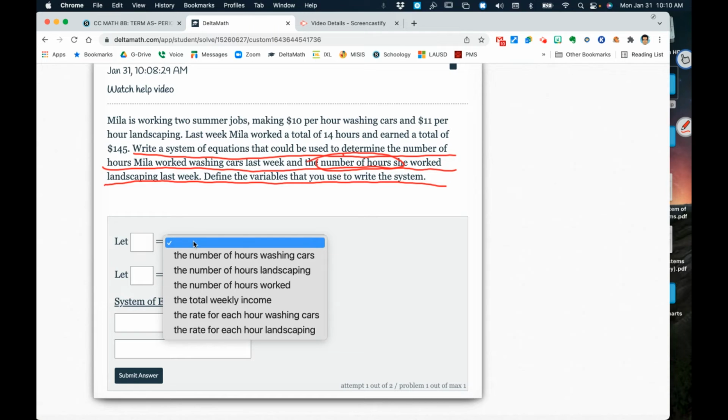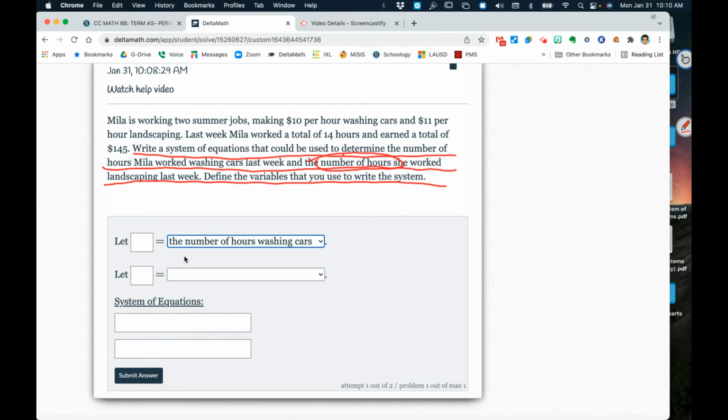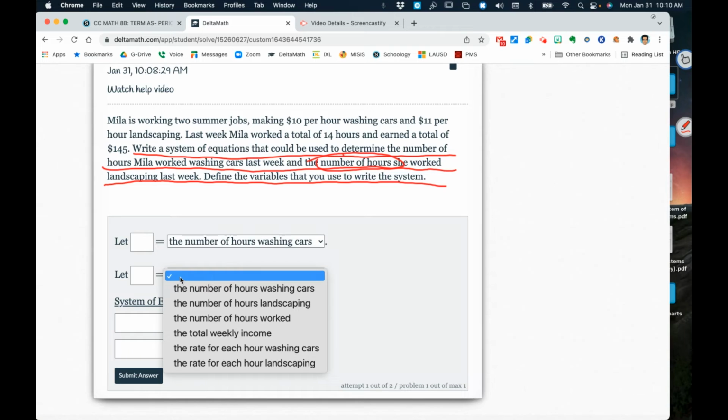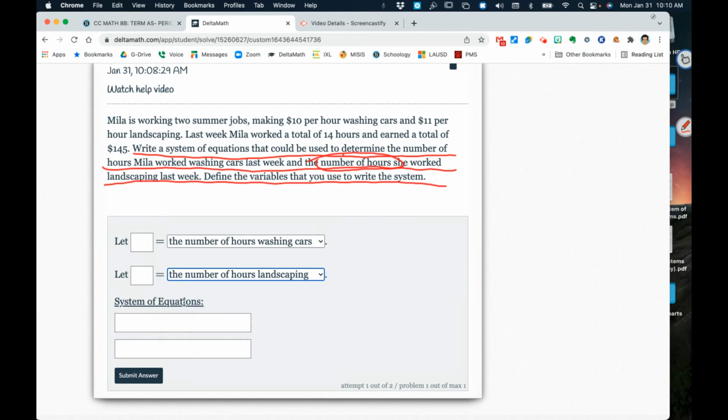So you've got to read it carefully. We're going to go with number of hours washing cars for one and number of hours landscaping for the other. So that should help us figure out our variables. You can use X and Y if you want, or you can use W for washing cars, L for landscaping. I'll use W and L.